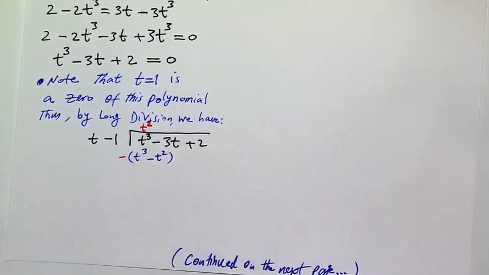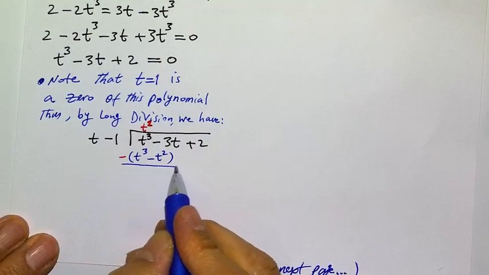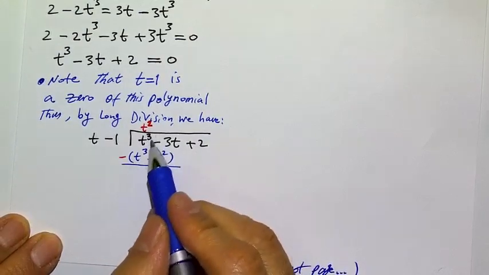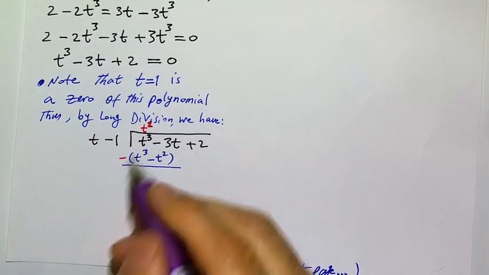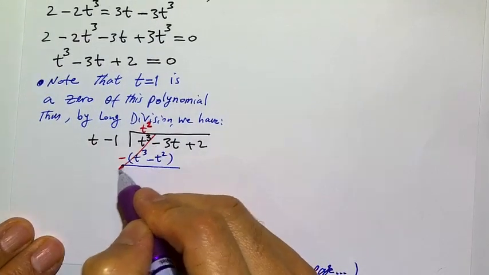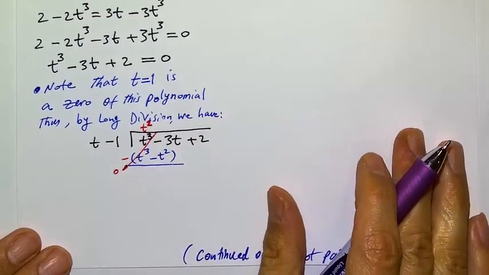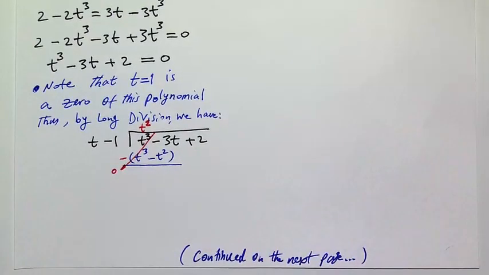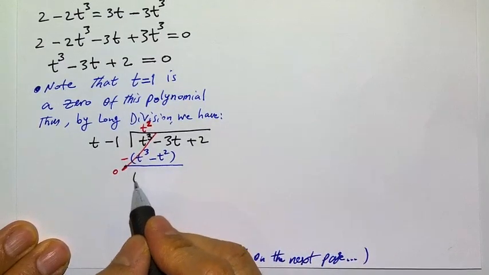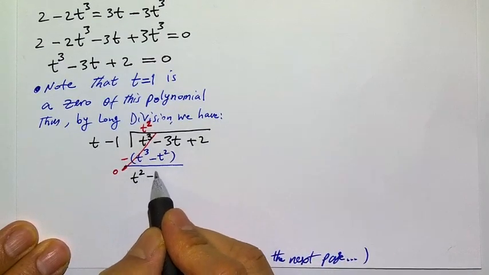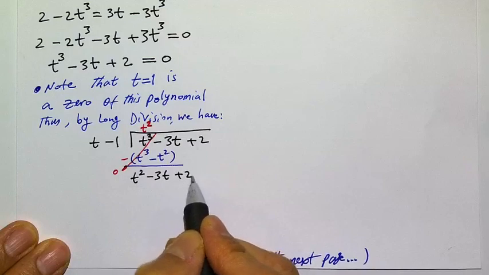We have t cubed minus t squared. And then subtracting these expressions, we end up with 0 t cubed, minus t cubed, these two end up equaling 0. And then we end up with minus t squared. We end up with t squared minus 3t plus 2.